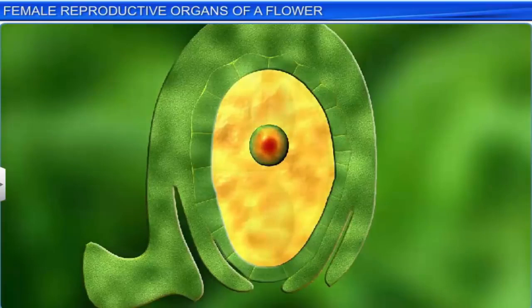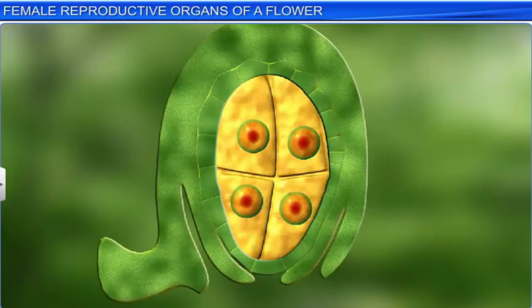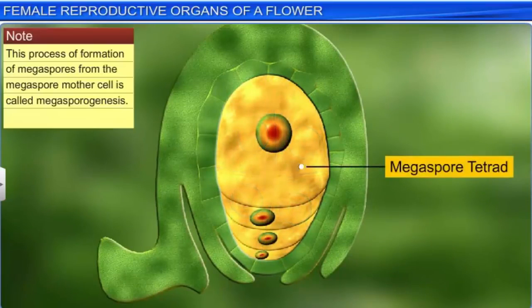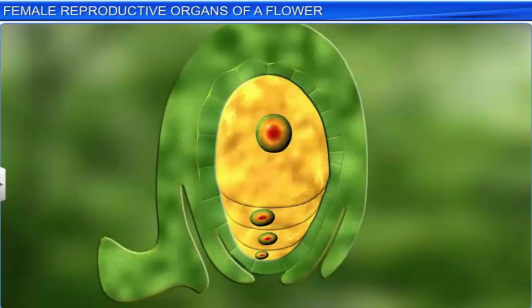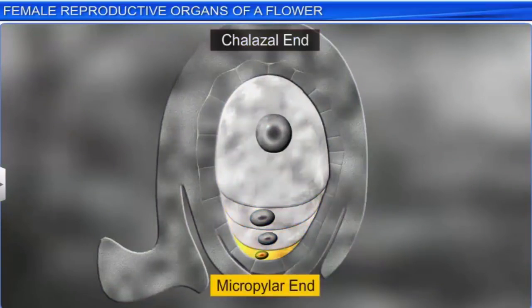The megaspore mother cell undergoes meiosis to form 4 megaspores which arrange themselves in a linear tetrad. This process of formation of megaspores from the megaspore mother cell is called megasporogenesis. Of the 4 megaspores, usually the one near the chalazal end becomes functional, whereas the other 3 near the micropylar end degenerate.